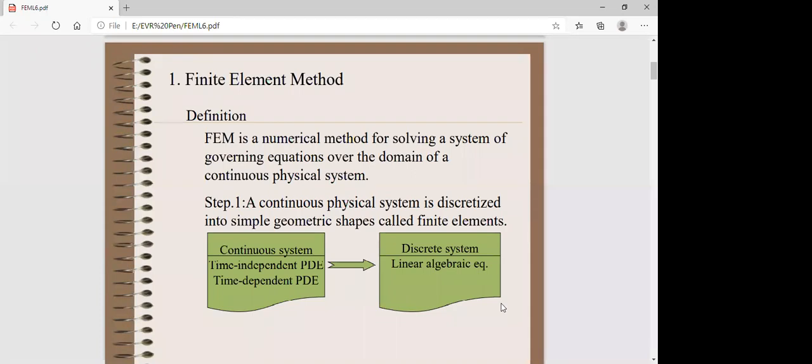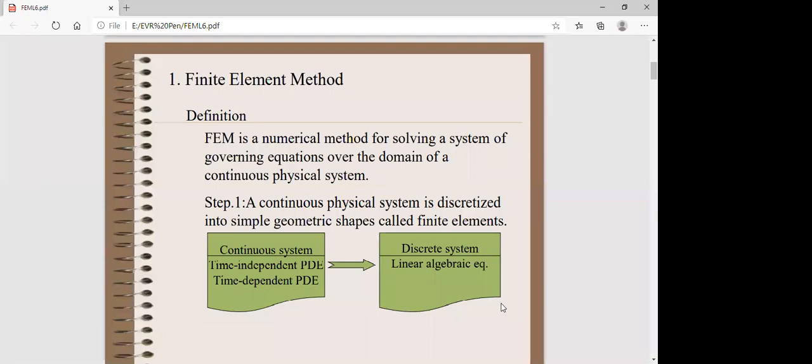After discretizing a complex domain or physical system into small, simple geometric shapes called finite elements, next, over the elements we implement the material properties and the governing relationships, and we express the element equations in terms of unknown values at the element corners.